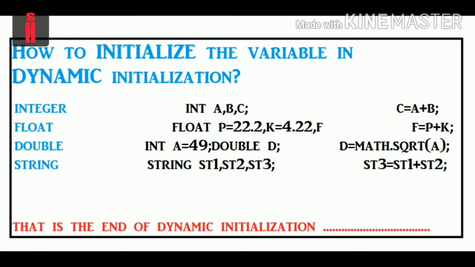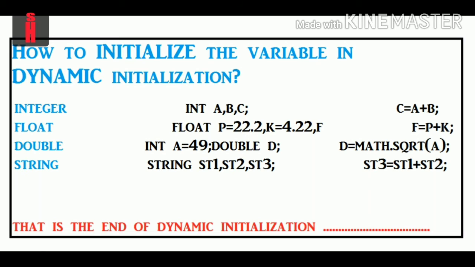Now moving toward the third data type, that is the double data type. In this type of expression I provide two data types. First is int and second is double d. Because I have used an arithmetical expression of square root, in the int data type I provide a with a static initialization of 49. In the double data type I declared a variable, that is d.